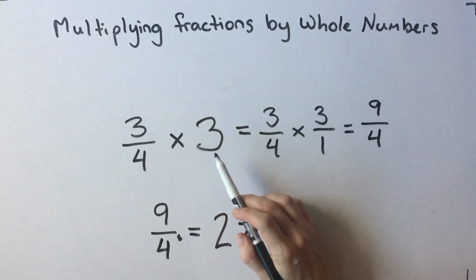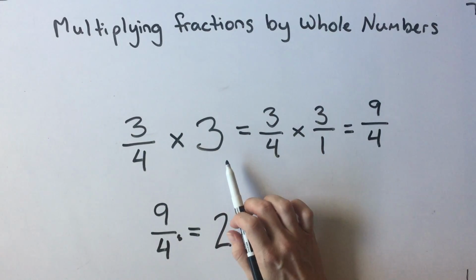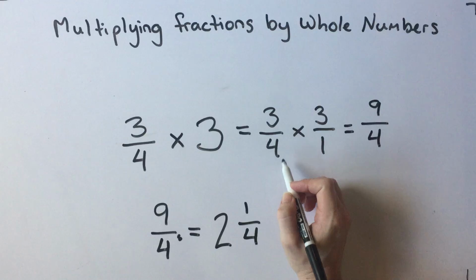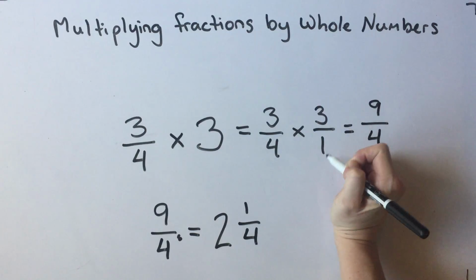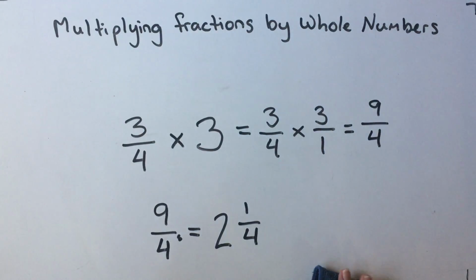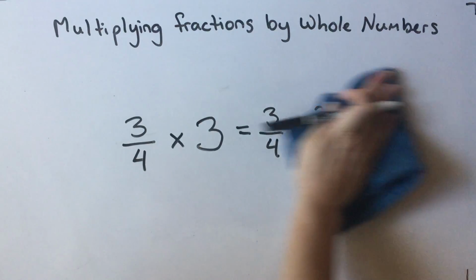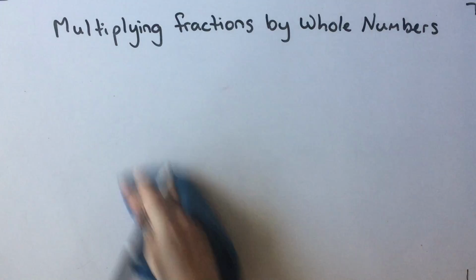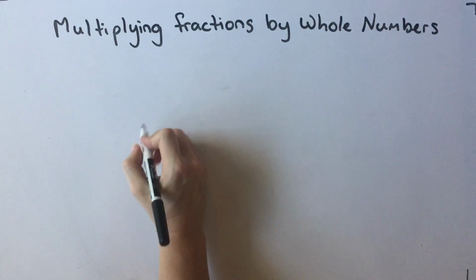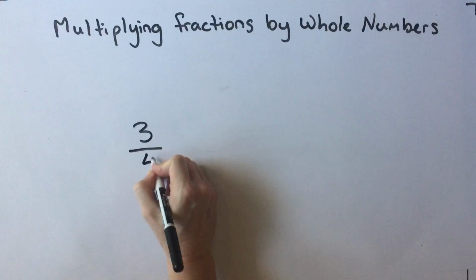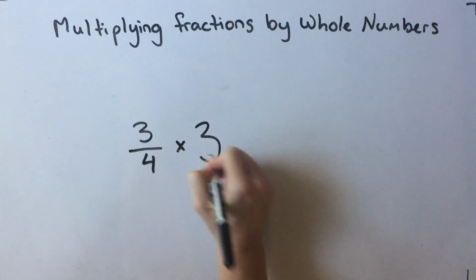So 3 times 3 is the same thing as 3/4 times 3/1. All right, so did we really need to do it this way? Let's take a look at that. So here's another way we can think of that. 3/4 times 3.